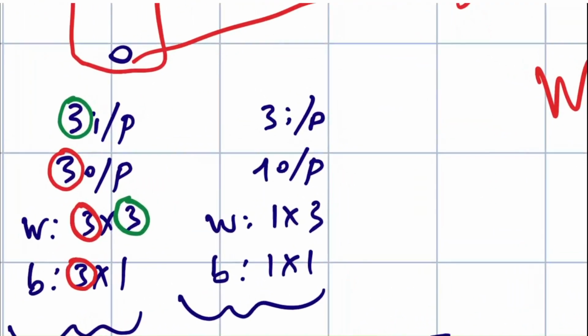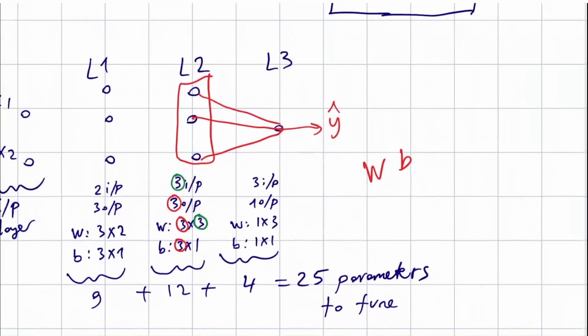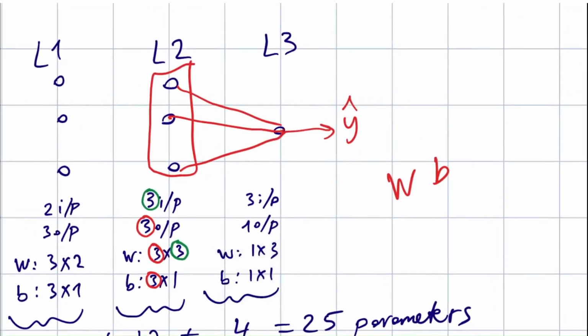This is the final layer, layer number 3. In the previous layer we have three neurons, so the input dimension to this layer is 3, and since we have a scalar output, the output is 1.